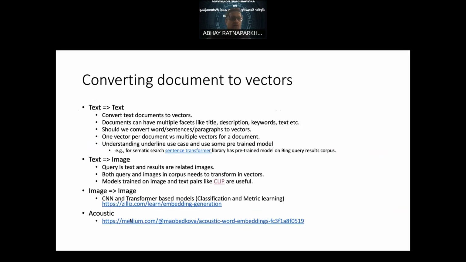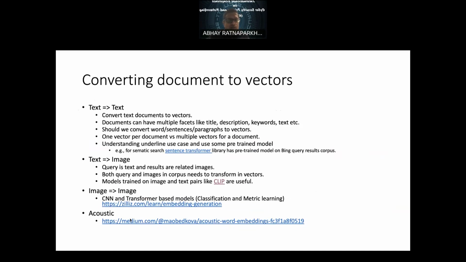You might have documents with multiple facets like title, description, keywords, and each is of variable length, right? Keywords has just a few words, so you can just use word embeddings for keywords, like word2vec and other embedding techniques. For title, it may be sentences, so maybe sentence transformers works best.